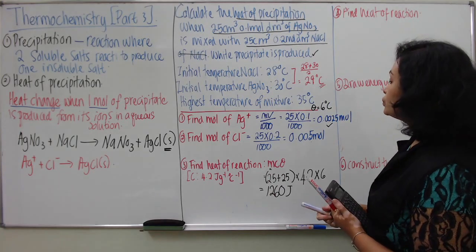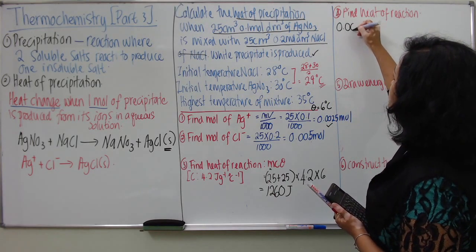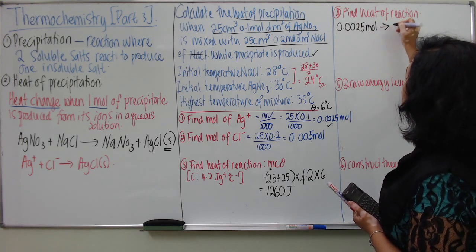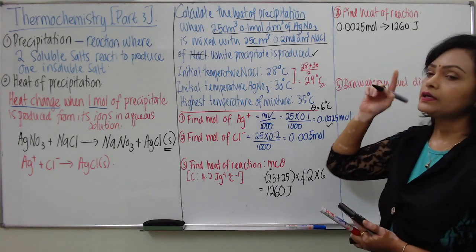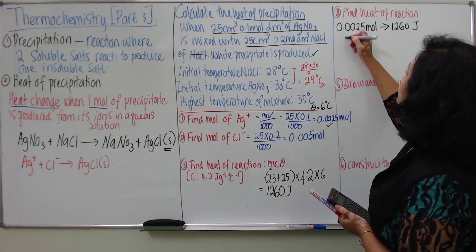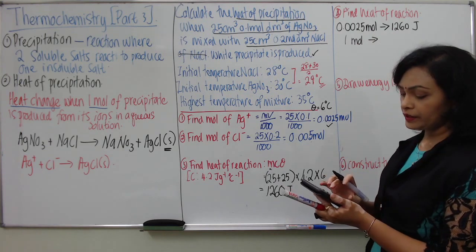So we can do it like this: 0.025 mole has managed to produce 1260 joule. But according to the term of heat of precipitate, I want 1 mole. So how much heat can be produced?